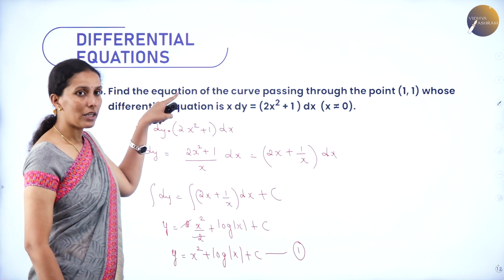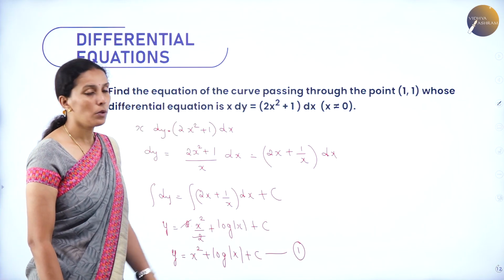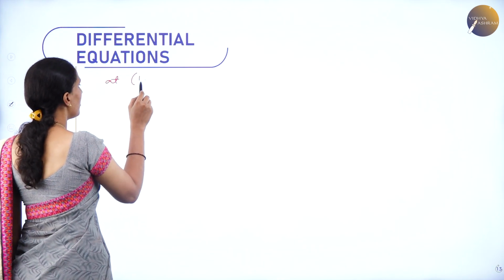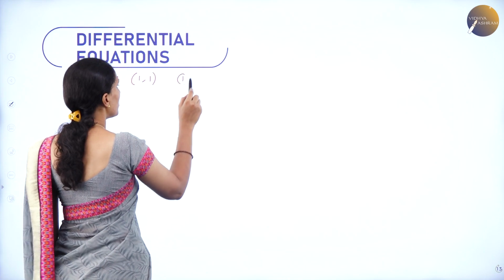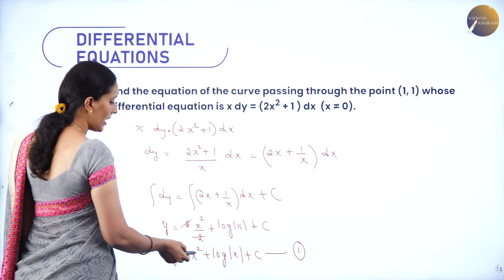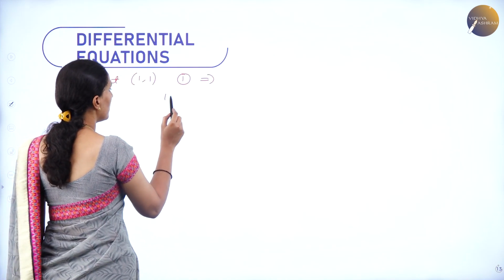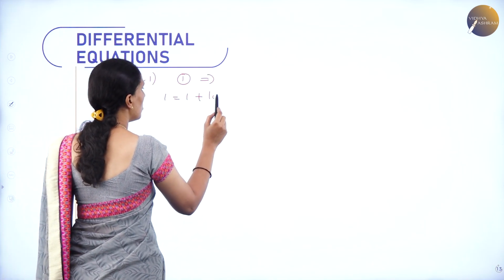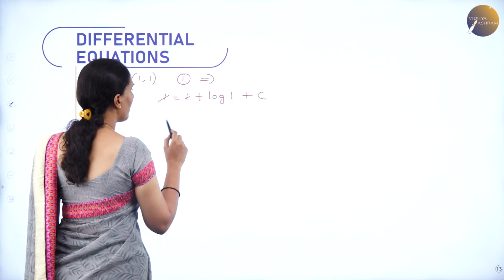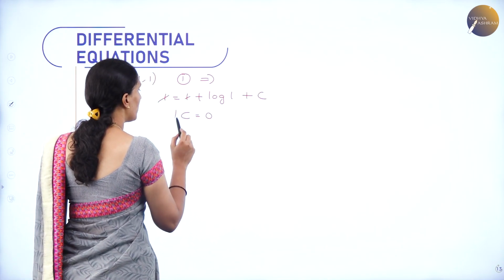Now we need to find out the equation of the curve passing through point 1, 1. So at 1, 1, equation 1 implies, so what does it become? Y should be taken as 1, x should be taken as 1. So it becomes 1 is equal to 1 plus log 1 plus c. So log 1 becomes 0. So we will get c is equal to 0.